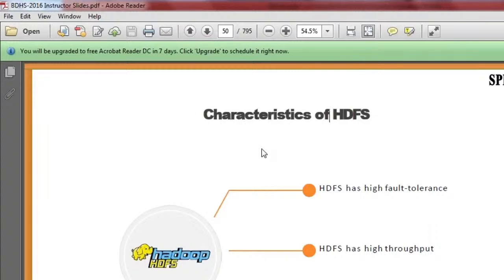Regarding these characteristics of HDFS, similar characteristics exist for NoSQL databases also. HBase is part of the Hadoop ecosystem, but I'm talking about others, like MongoDB or other NoSQLs, which also have these characteristics.